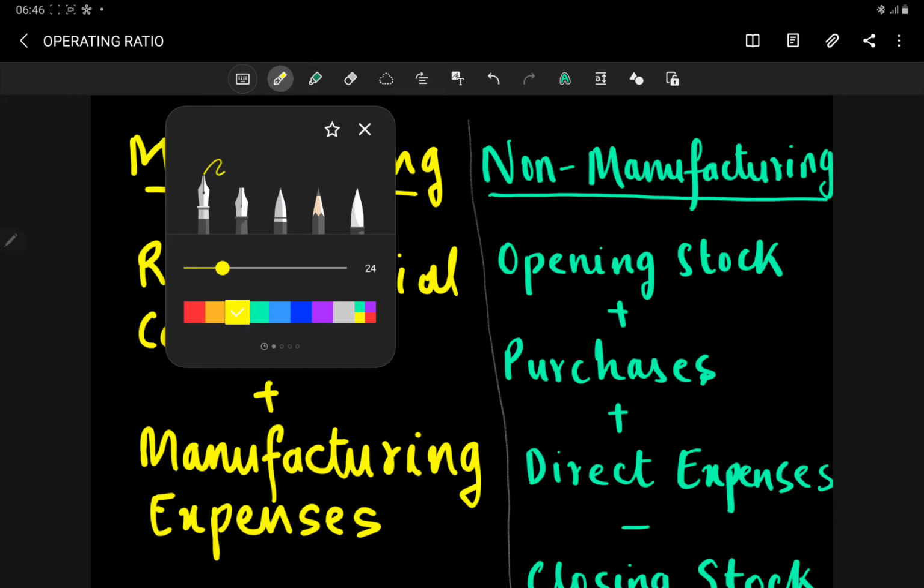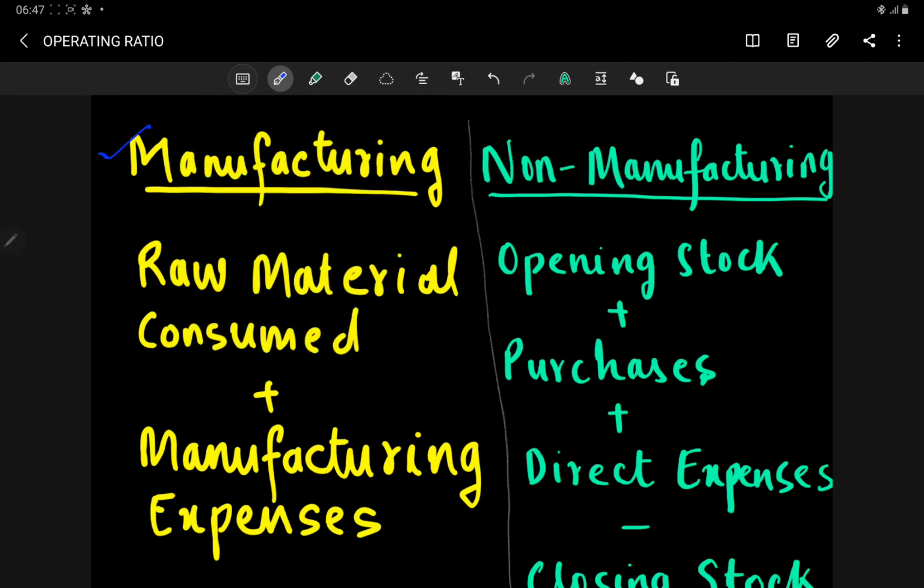Here we have one manufacturing firm and one non-manufacturing firm. For a manufacturing firm, the cost of goods sold would mean raw material consumed plus manufacturing expenses.